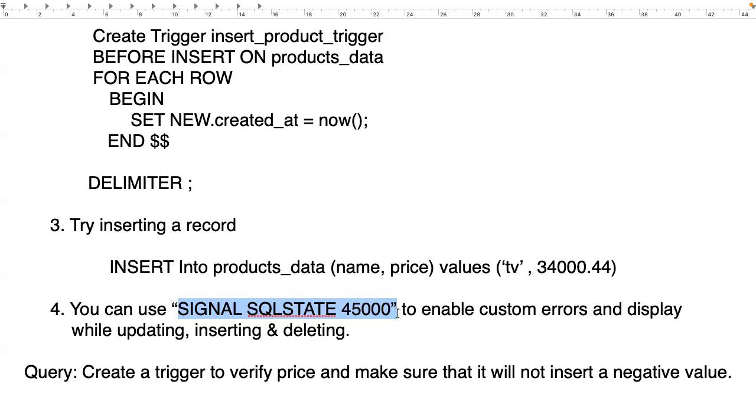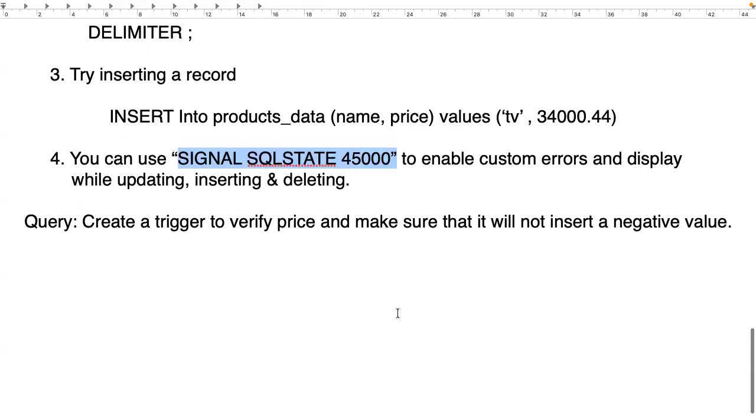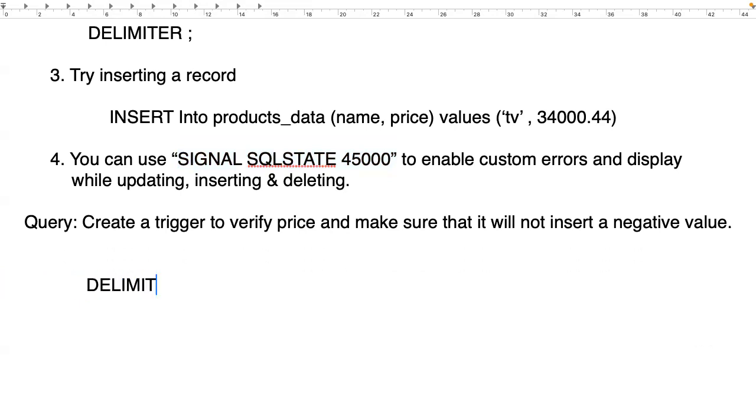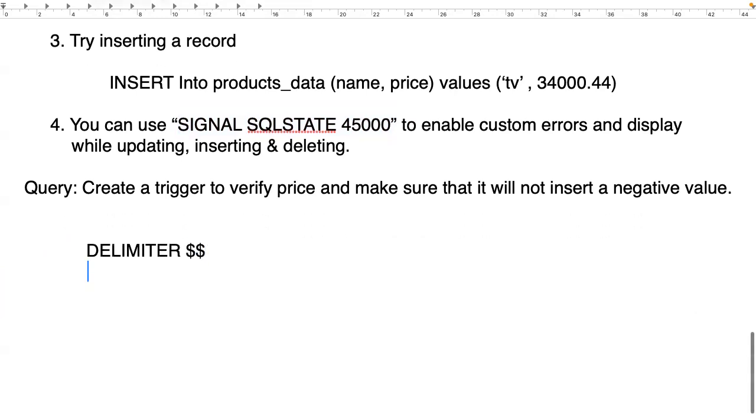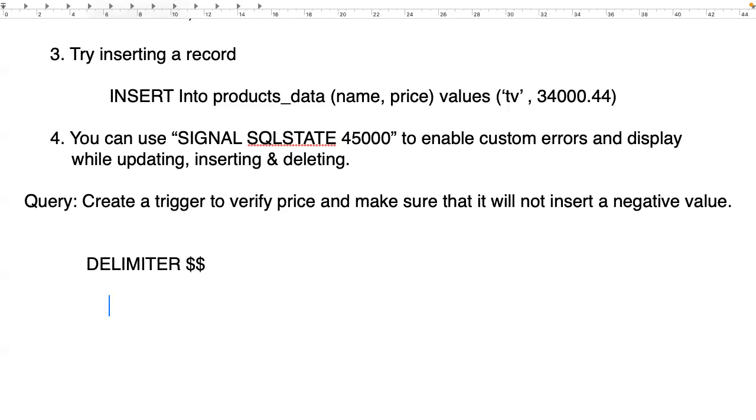So how do we write the trigger now? This is a validation trigger. How do we verify that? Here we will set the delimiter to $$, and here CREATE TRIGGER, the trigger name: validate_product_price.